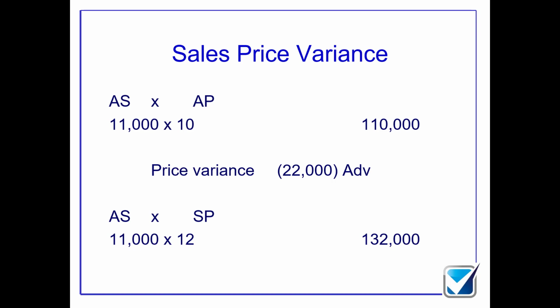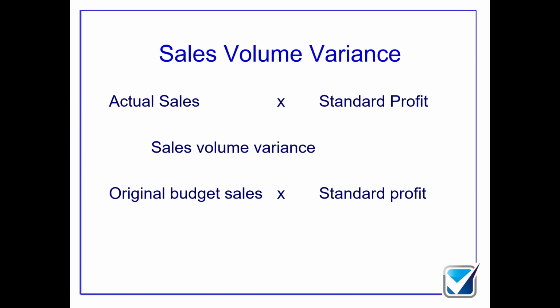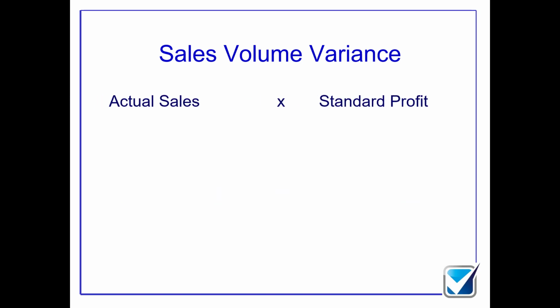The second variance we have is our sales volume variance. And with this sales volume variance, what I'm looking at is actual sales at standard profit. And I'm going to compare that with original budgeted sales at standard profit. So if we take this pro forma, slot some numbers in, we get actual sales of 11,000 units multiplied by $4, which is my standard profit, which gives me 44,000.